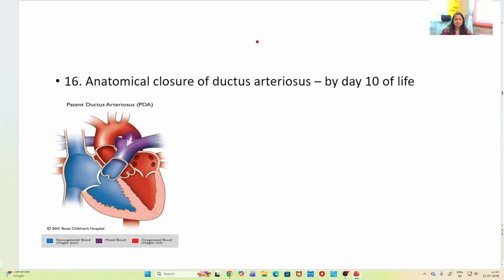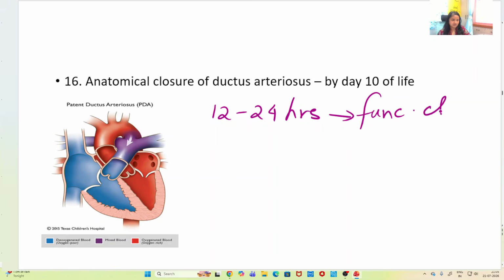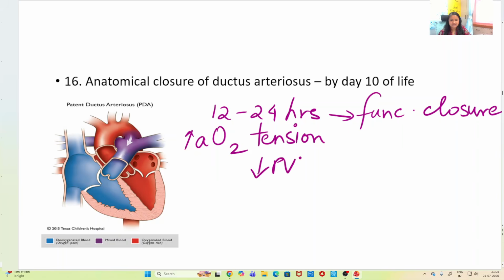Next is anatomical closure of ductus arteriosus by what day of life? Usually in 12 to 24 hours there is a functional closure of the PDA once the newborn baby is born. Functional closure happens because of increased arterial oxygen tension, and there is a drop in pulmonary vascular resistance after birth.